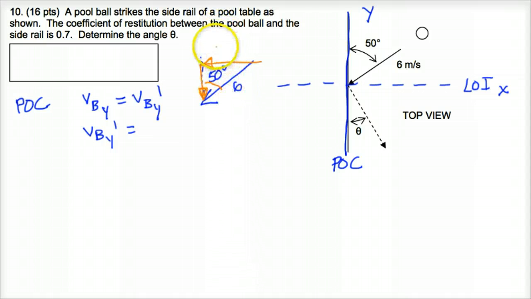This component will be 6 sine of 50, and this will be 6 cosine 50. This is our y direction, and it's actually negative, so it's going to be negative 6 cosine 50.